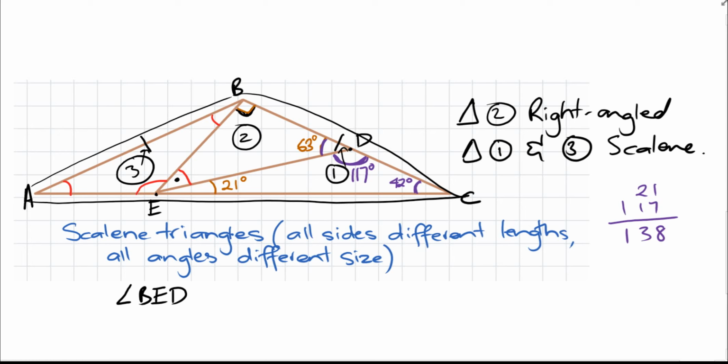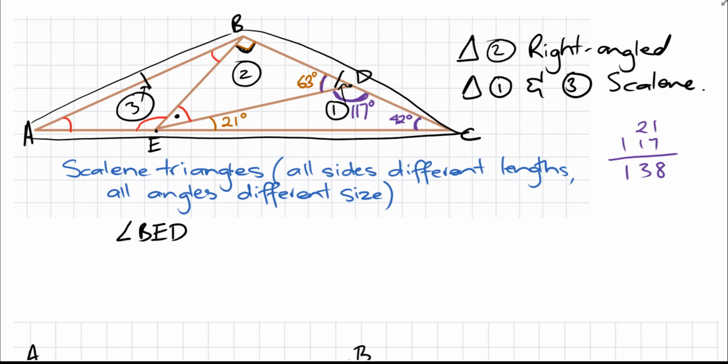How did you go? So let's have a look at working out angle BED. So angle BED is this one here. We know that this angle is 90 and this angle here is 63. So 90 plus 63 is 153. To make up to 180, I will need 27.